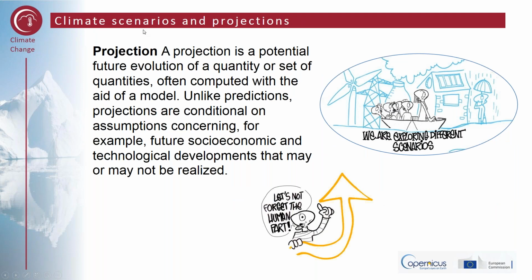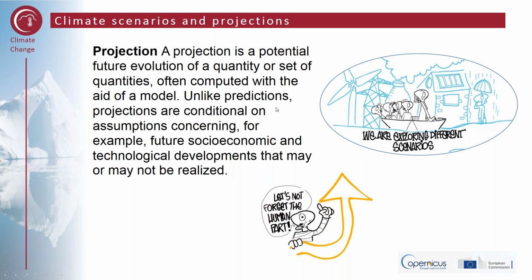So I'm going to be talking about scenarios and projections. And this is quite a standard definition of a climate projection, which is a potential future evolution of climate variables, parameters, I would say almost always computed with the aid of climate models.